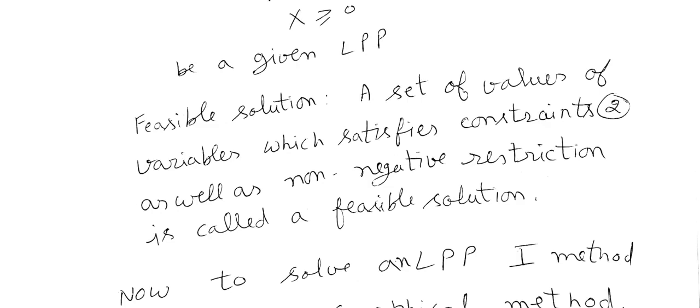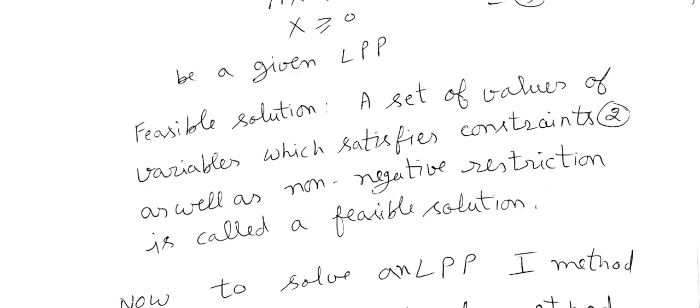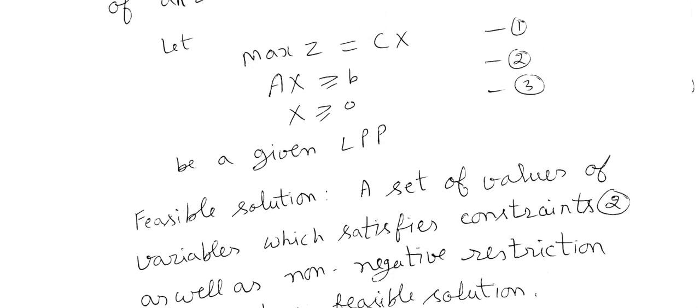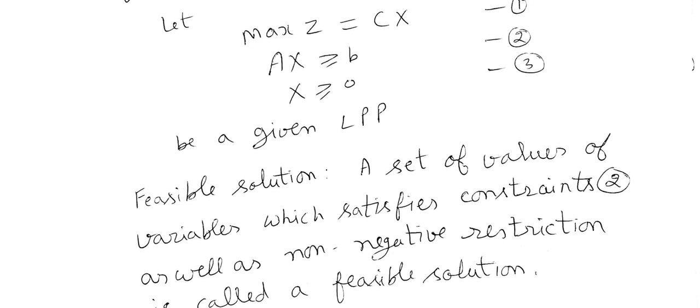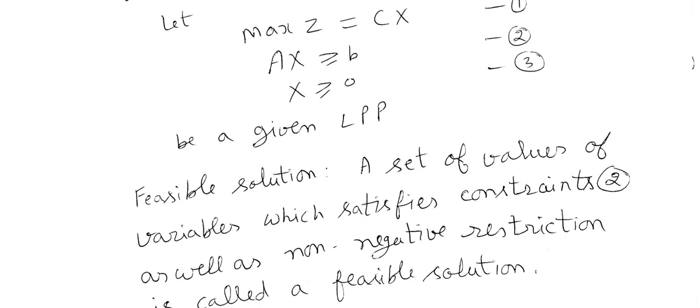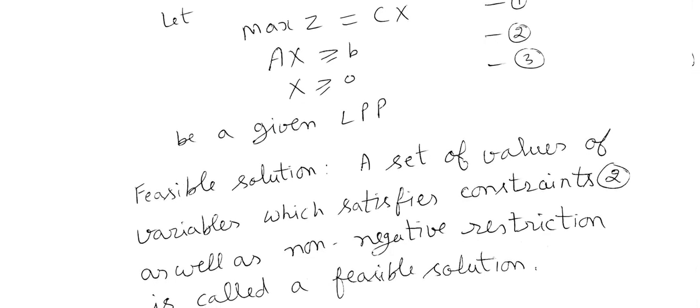A set of values of variables which satisfies constraints as well as non-negative restriction is called a feasible solution of an LPP. That is, values of variables which satisfies number 2 and number 3. Here we are not discussing number 1.